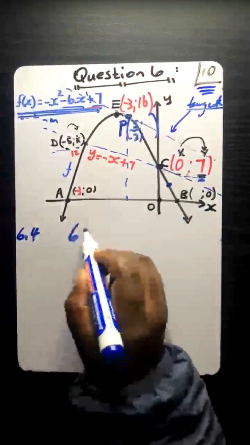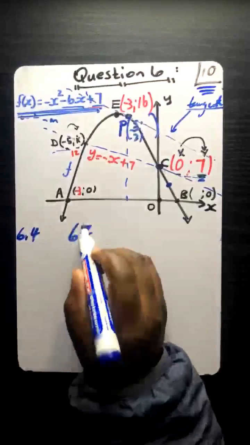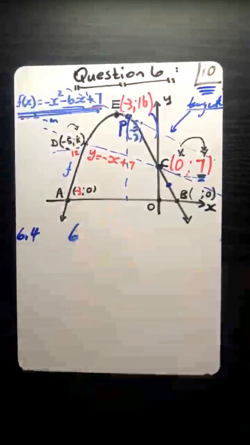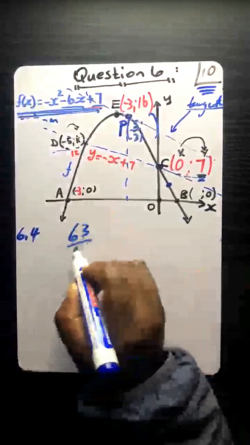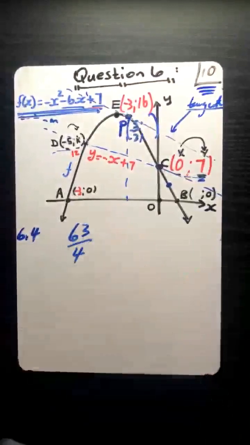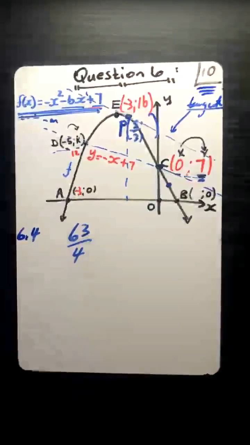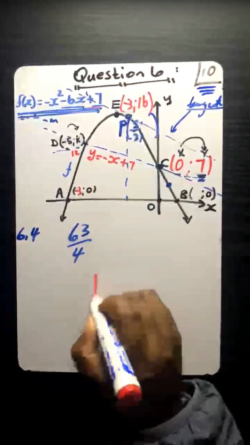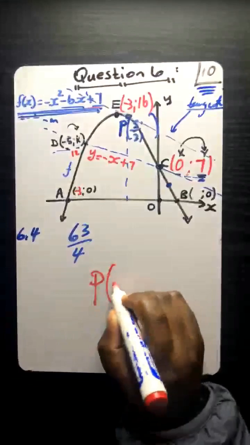Is that correct? Correct. So in the end, you are therefore going to say P is -5/2 and 63/4.